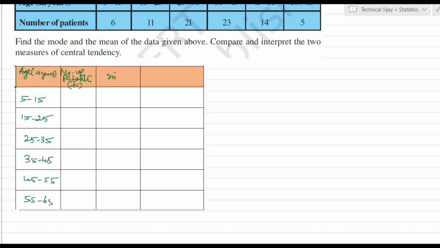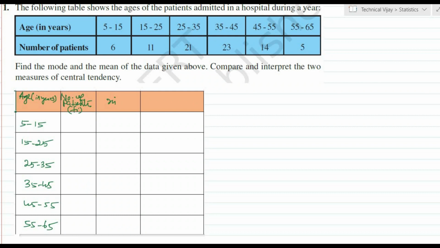Here I have written all the ages. 5 to 15, that is 1, 2, 3, 4, 5, 6 groups of data. Number of patients here: 6, 11, 21, 23, 14, 5.